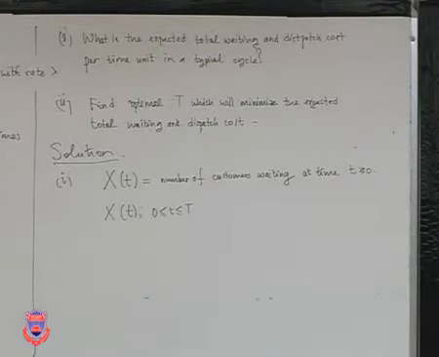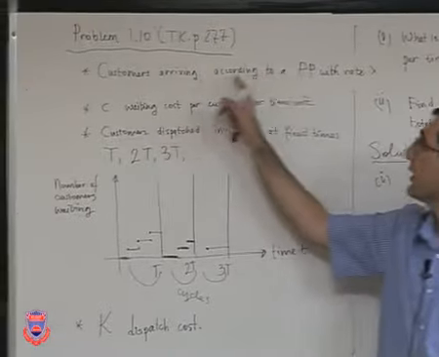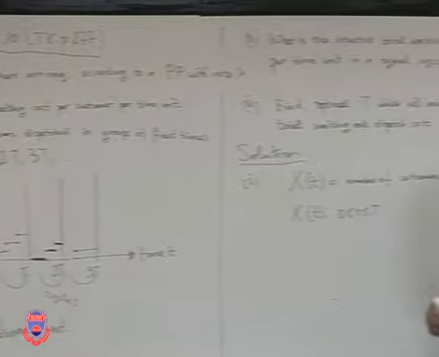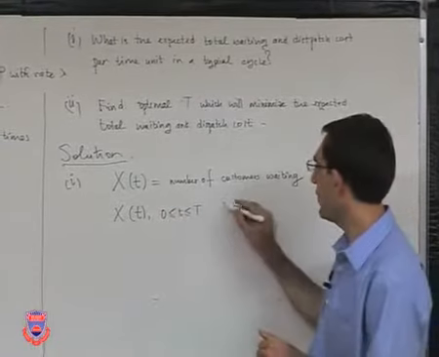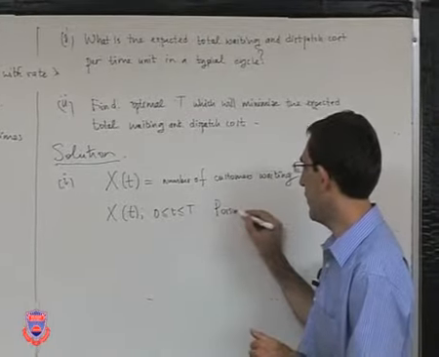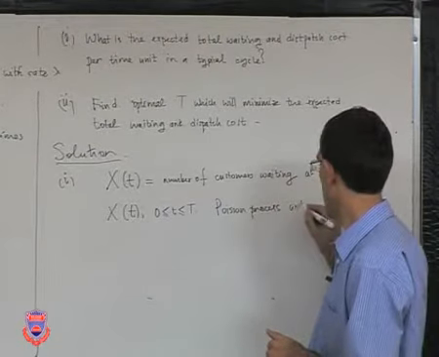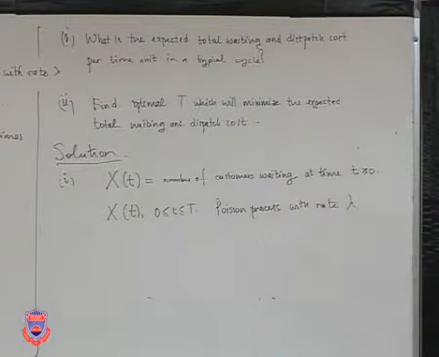So the number of customers waiting in the system will increase by 1 as soon as a customer arrives. And since arrivals of customers follow a Poisson process, this is a Poisson process with rate lambda. We know that.